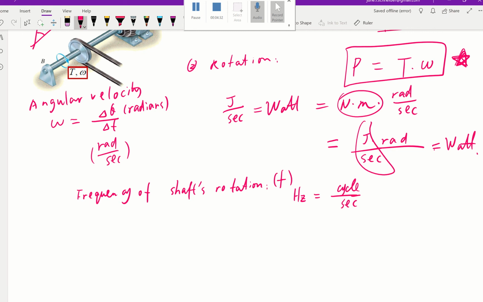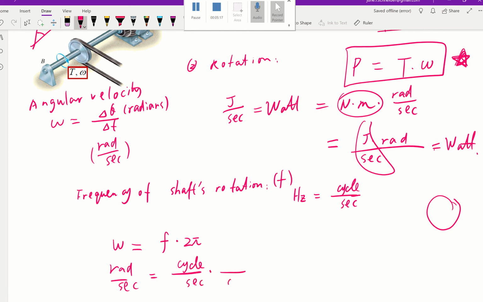Then how is that related to our omega? If I have frequency in hertz, that's how many cycles. Each cycle is going to be how many radians? We know one cycle is 2 pi, so we're going to times 2 pi. That gives us how many radians, and then it's per second. So here we got an expression to relate omega to frequency, because omega is radians per second, and the frequency is the number of cycles per second.